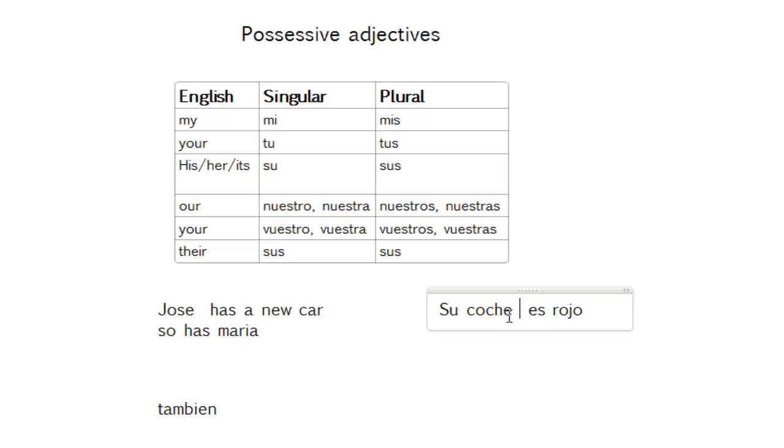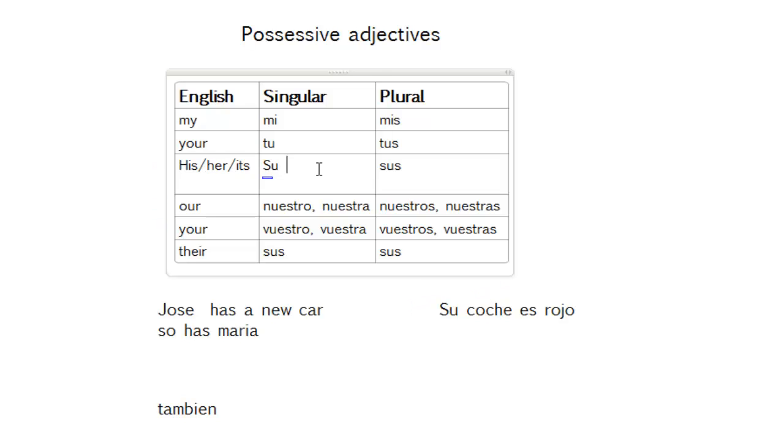And I think you can put that anywhere. Su coche de él, or su coche es rojo de él. I don't think the word order matters, but what matters is if you want to clear it up, you can say de él, or de ella.